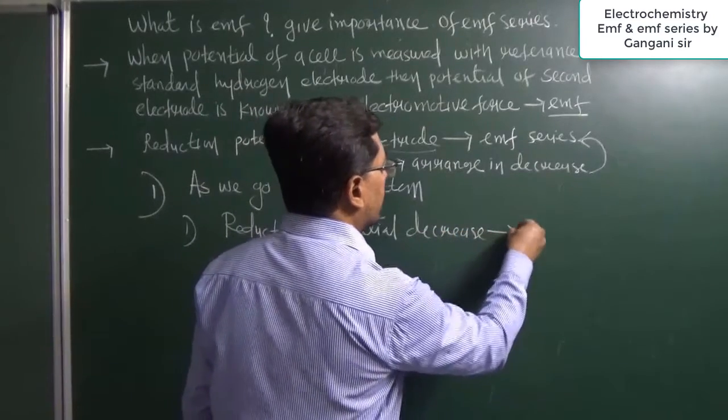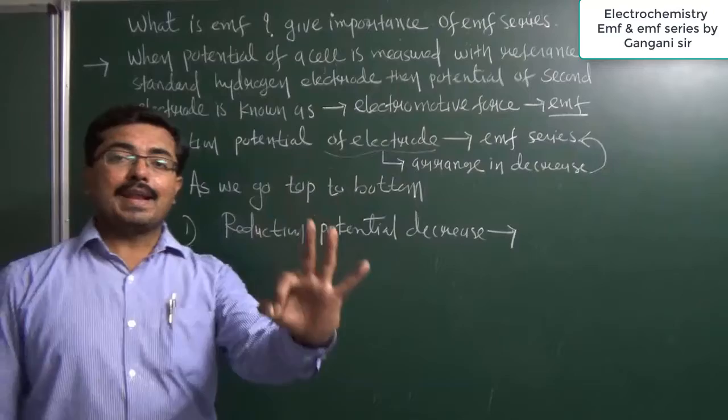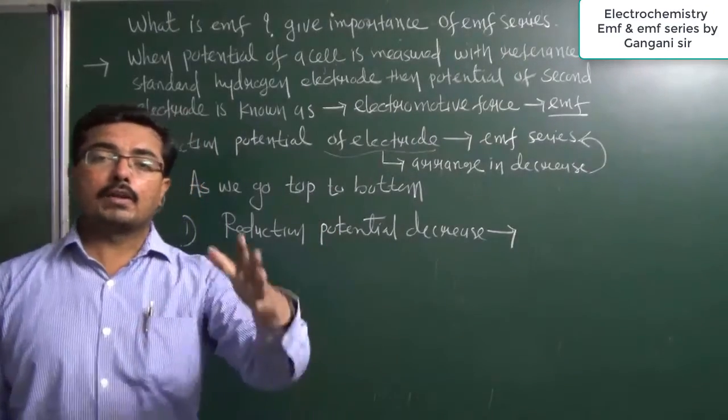Because the series is arranged in decreasing order, the reduction potential decreases. Now what is the meaning of this decrease in reduction potential? The tendency of the electrode to accept electrons will decrease.